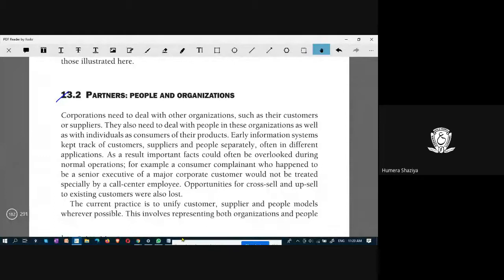And moving ahead with the people or the organizations which are associated with an enterprise, they are the partners. They are people and organizations.